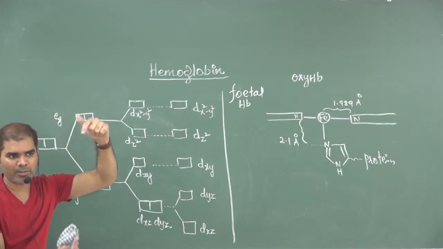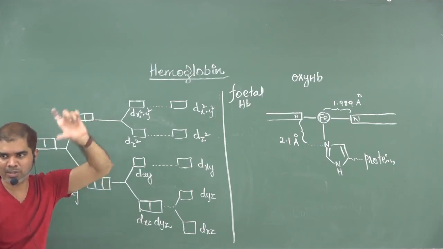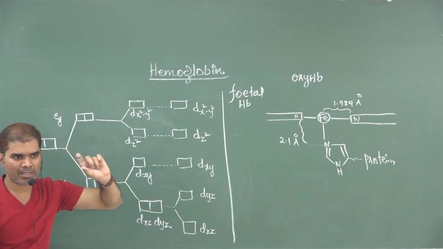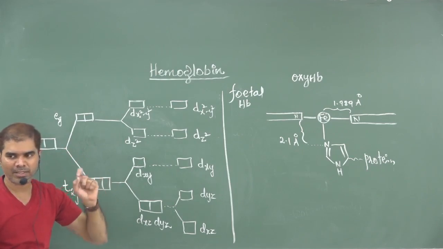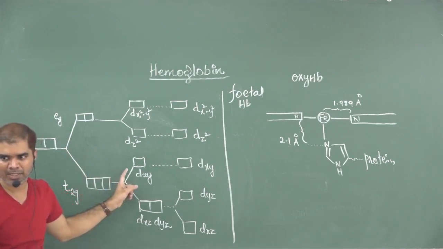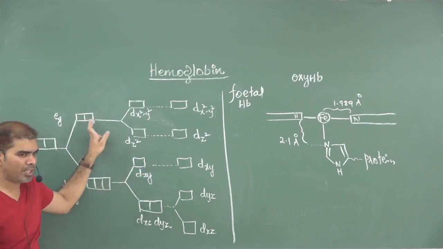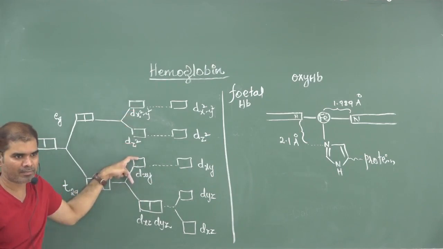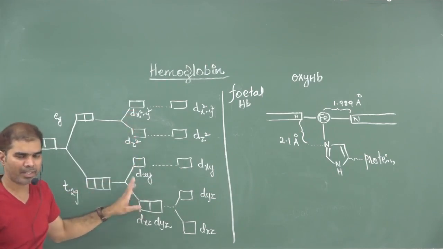I can imagine it to be an elongated octahedron, because along the z-axis the bond is weak. Therefore, we never say that the geometry is a perfect octahedron, we say distorted octahedron. That distortion is due to elongation, tetragonal distortion. Due to that elongation, t2g and eg are further split into 4 different energy levels. Okay, so this is elongated octahedral splitting, right?